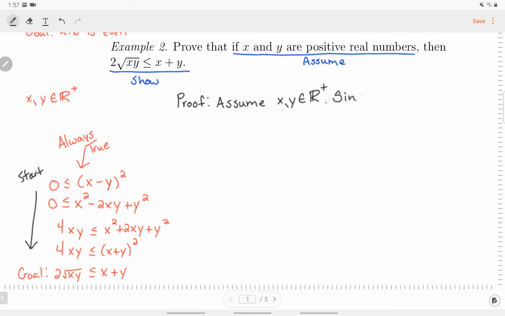Let's go to our start. I'm going to say since r squared is greater than or equal to 0 for any real number, we know 0 is less than or equal to x minus y squared.